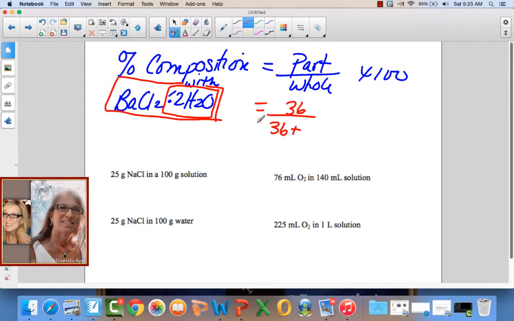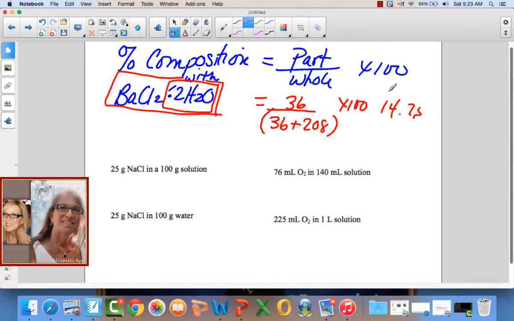So that's going to be 208. So I actually have 36 divided by 36 plus 208, because that's the whole thing, times 100. And that's going to give me 14.75%.